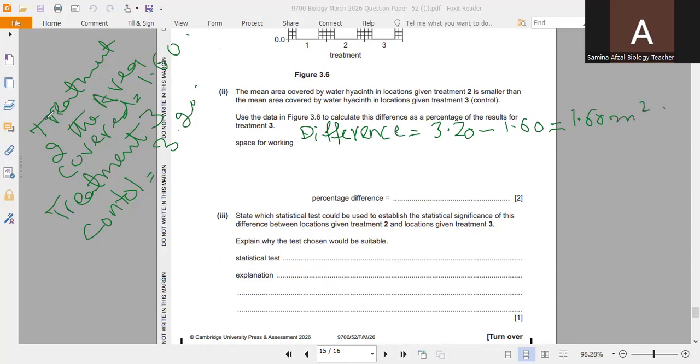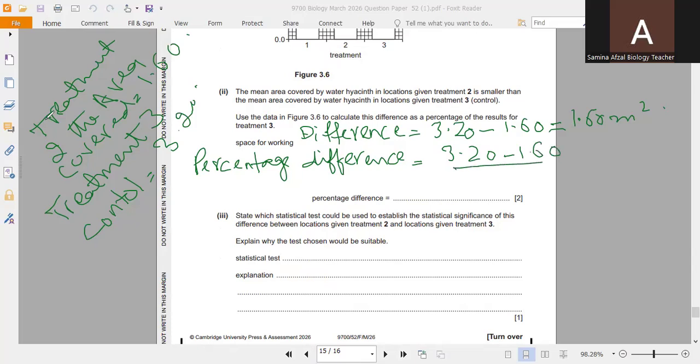Now the percentage difference is 3.20 minus 1.60 divided by 3.20 multiplied by 100.